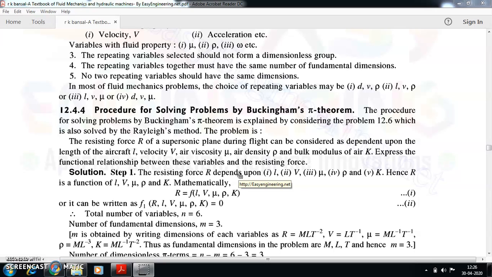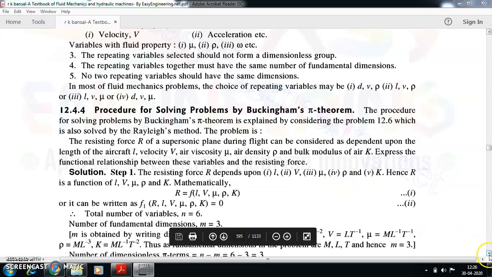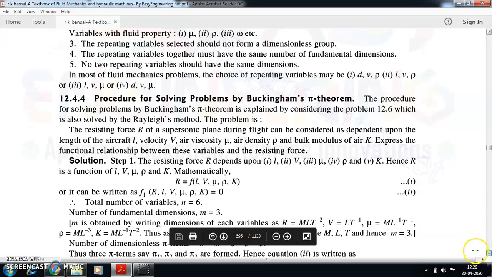Now, this problem, which is solved by the Rayleigh method in the previous videos, we need to find an expression for the resistance force of a supersonic plane.